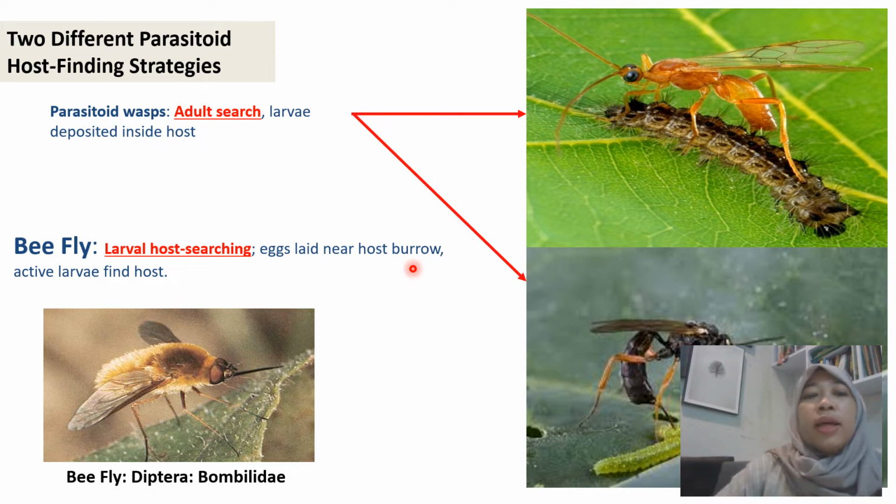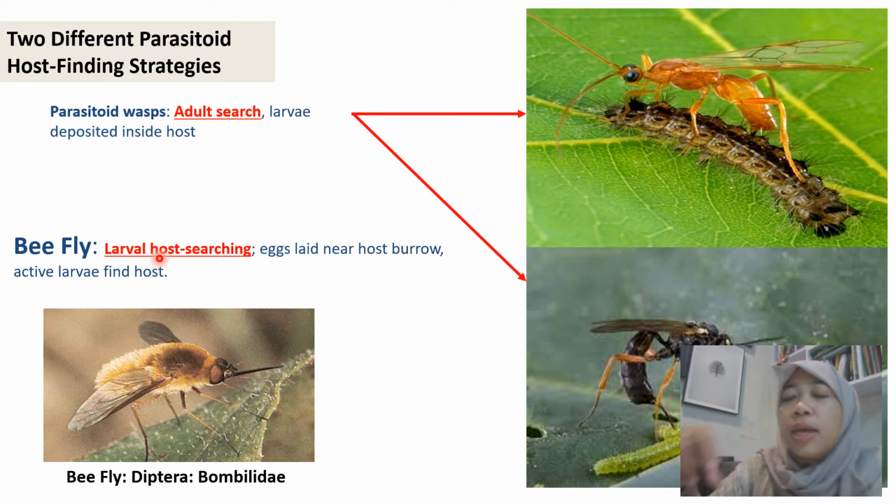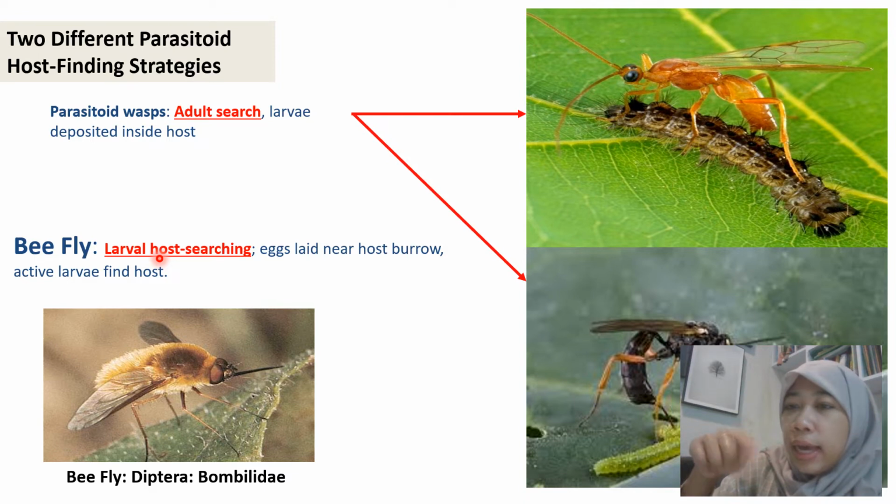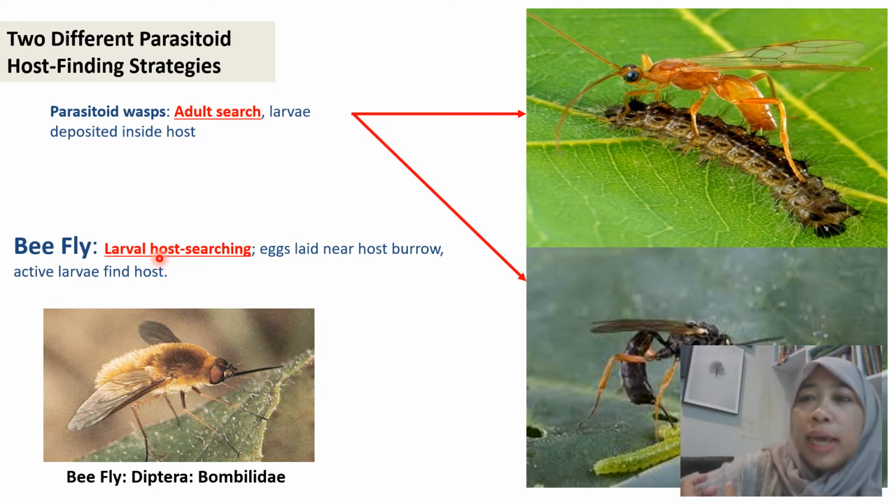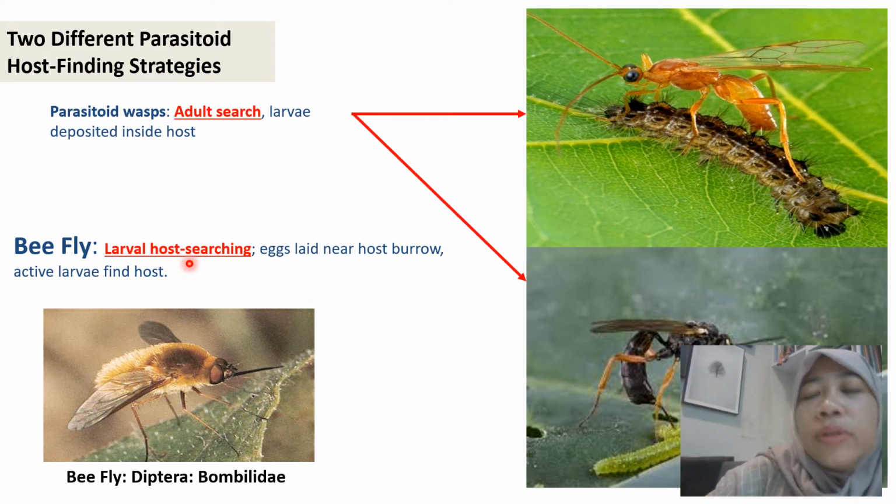That's why in the larva host searching strategy, the adult parasitoid will deposit its egg near the habitat of the host. After the egg hatches, the larva of the parasitoid will go inside the stem to find the host. So that is the difference between adult search and larva host searching.